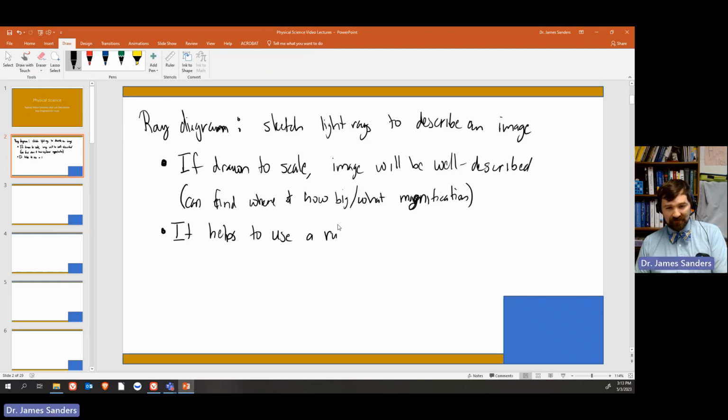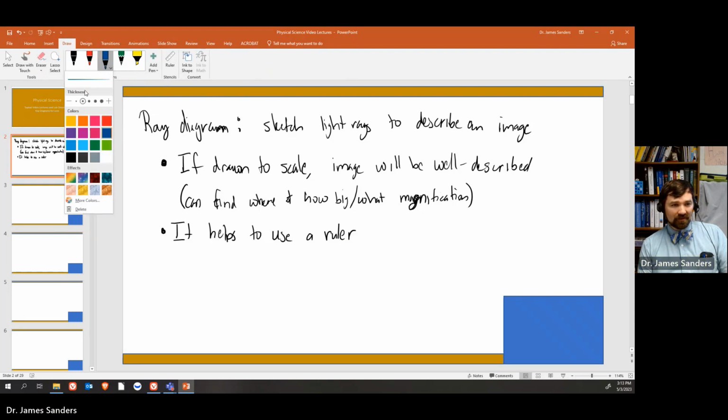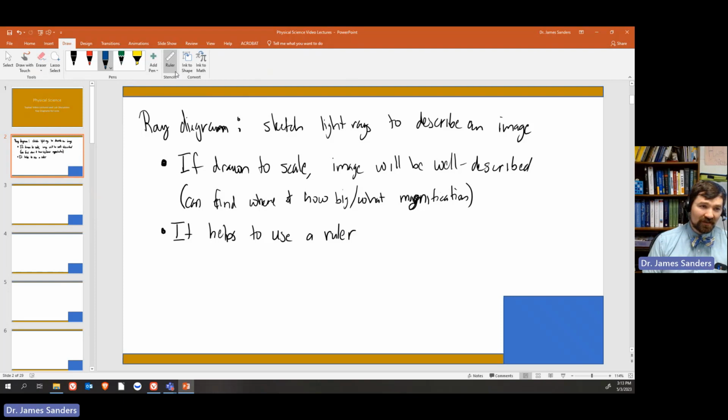In fact, in this program there's a ruler tool, but I don't intend to use that too much. I don't know if in this program I have a simple straight line tool. So I may not be drawing especially much to scale.